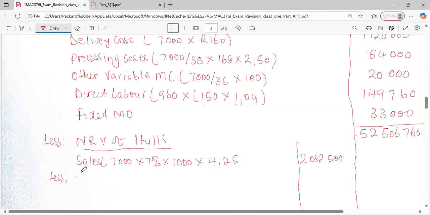Right, then we less further processing cost. What are the further processing costs here?